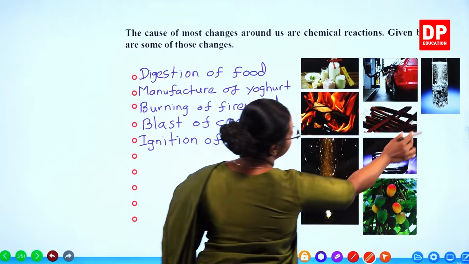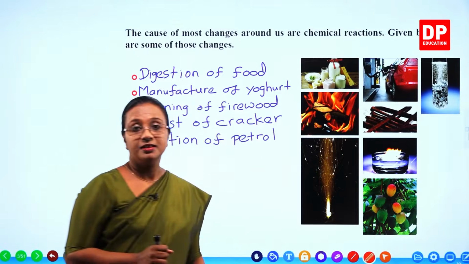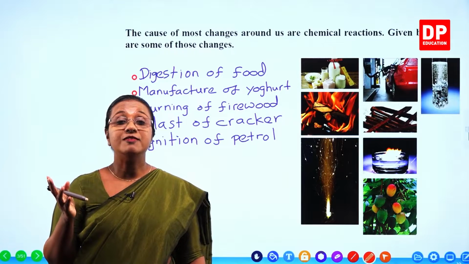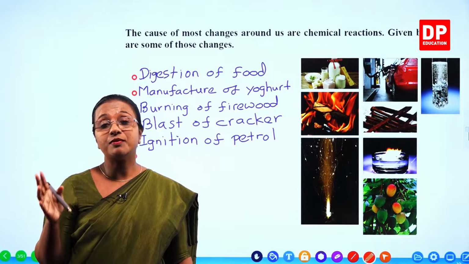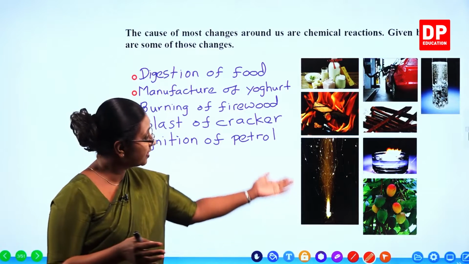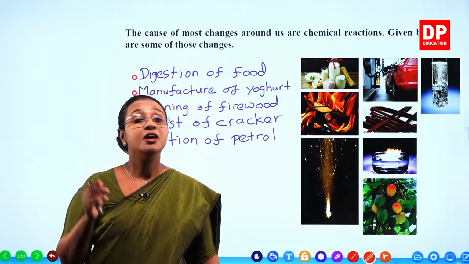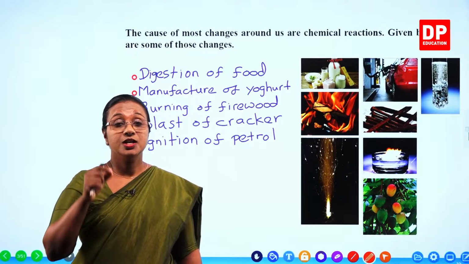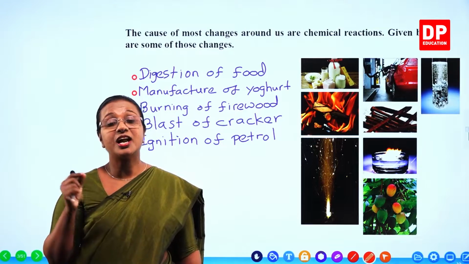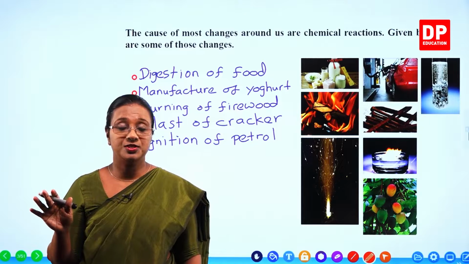Then this one. What is that? Iron nails. Normally we use objects made up of iron. There are many different objects. Iron nails are one of those. When you get the iron nails, you see it as a grayish color, shiny metallic object.